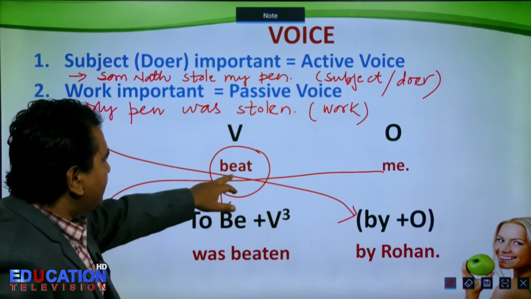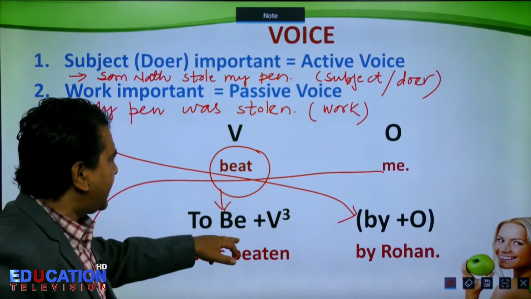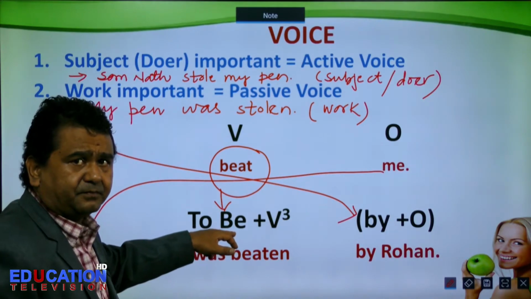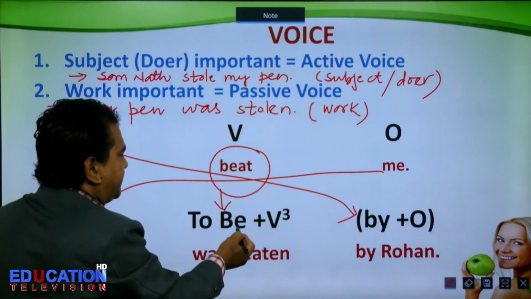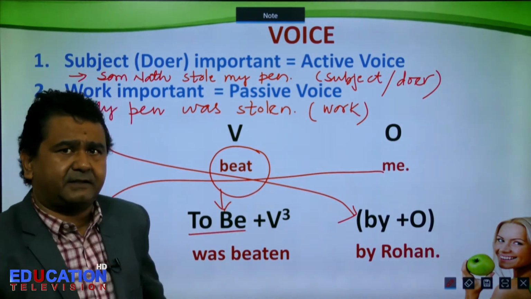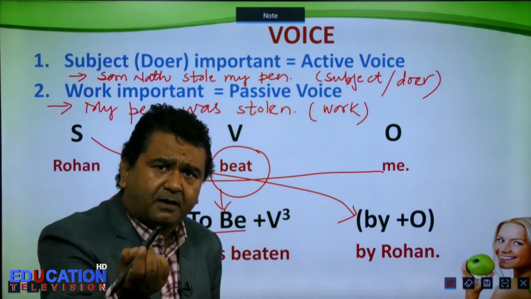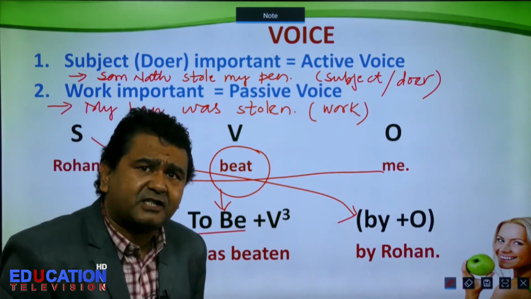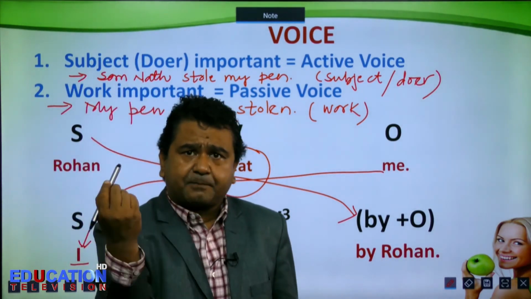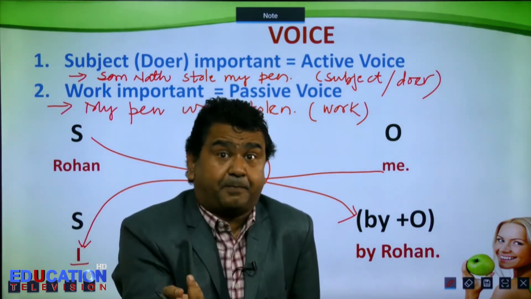Whatever the form of this verb is, accordingly we have to write be verb. My point is, if the verb is in past tense, be verb also should be in past tense. If the main verb is in present tense, be verb also should be in the present tense. If the main verb is in past participle form, that be verb also should be in the past participle form. We'll be talking about it later.